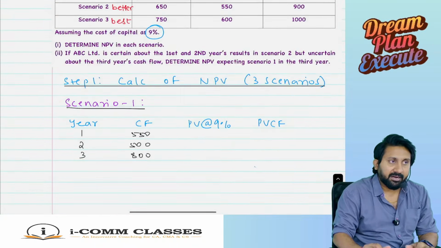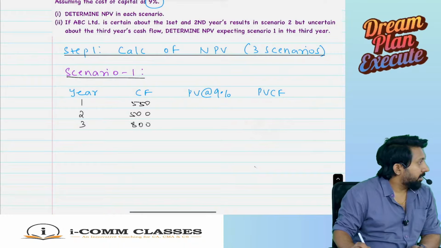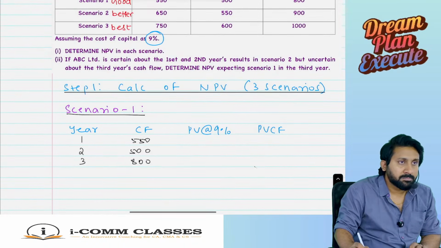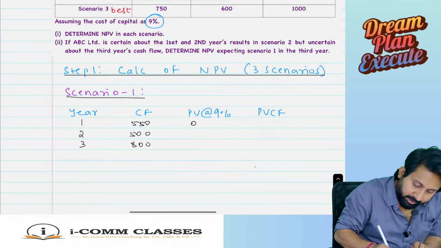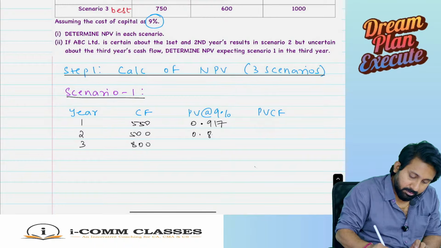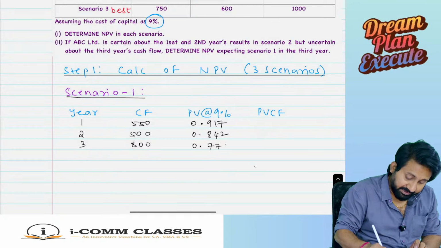9% for the first year: 0.917. Okay, next, 0.842. Next, 0.772.